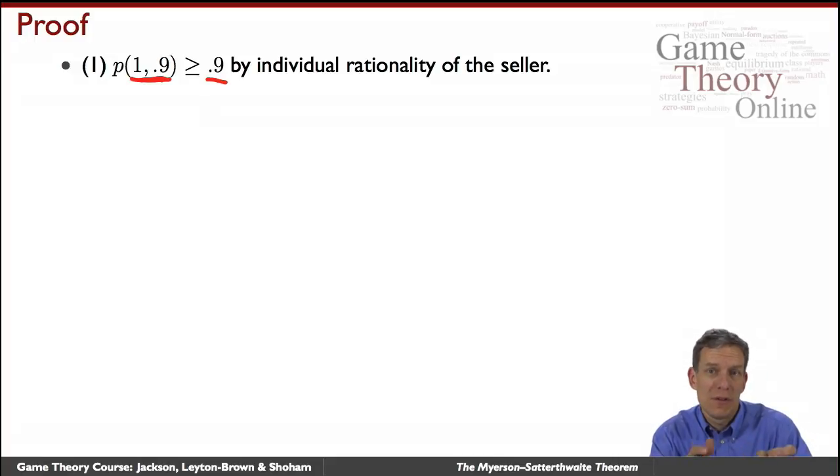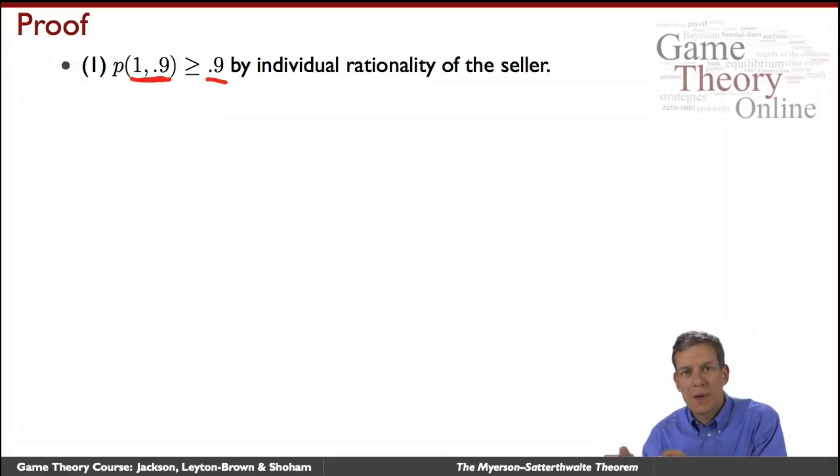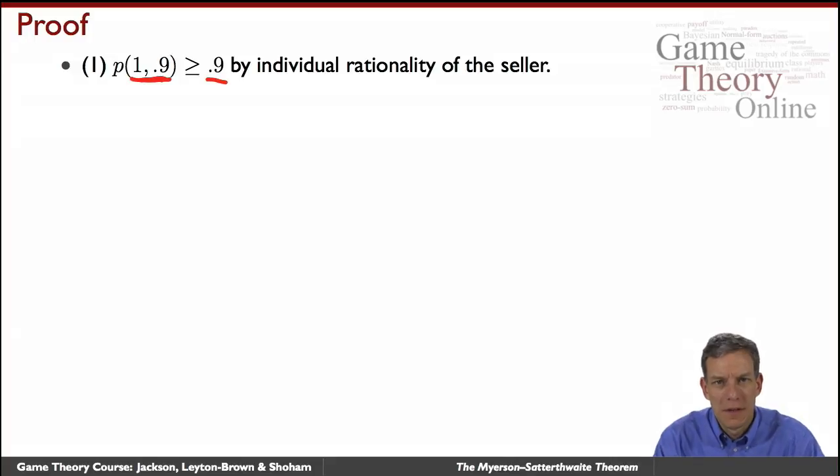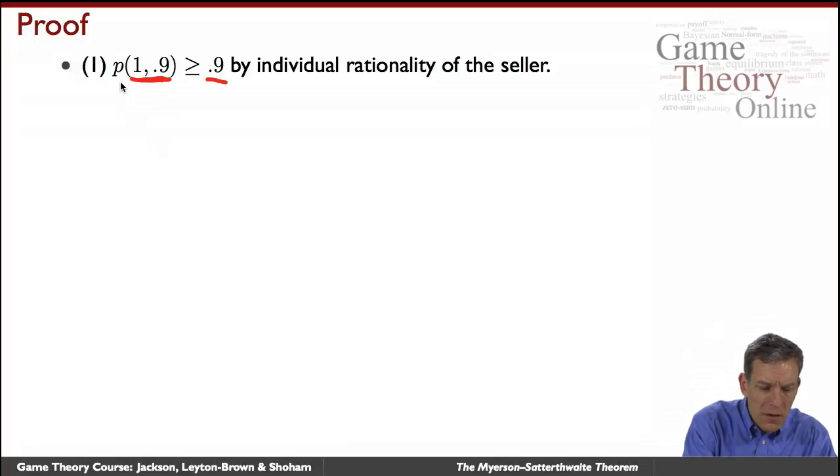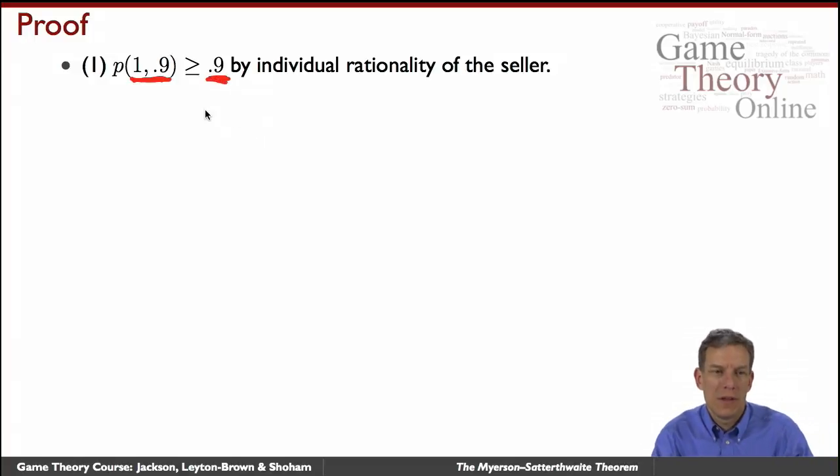Again, I'm going to leave it to you to extend this to an expected value, the interim individual rationality condition. Here I'll do the ex post version. Again, the extension is fairly straightforward. You'll just be working with expected payments instead of actual payments. So here, the payment conditional on high-valued buyer and high-valued seller is at least 0.9. Otherwise, the seller doesn't want to sell it.